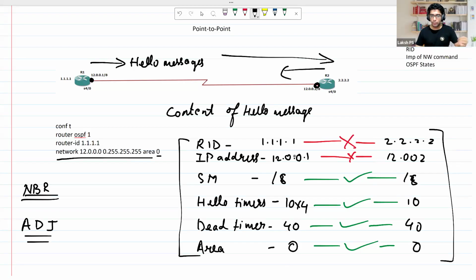Even my neighbor would say, this is my address, and I will also meet you 10 times a day, and I am also living on the same floor. So we basically are neighbors. If I go and talk to someone who is on the 10th floor, obviously we are not neighbors. So these parameters should match in order for the two routers to start exchanging and understanding each other's hello messages. Clear? Any question up till here?